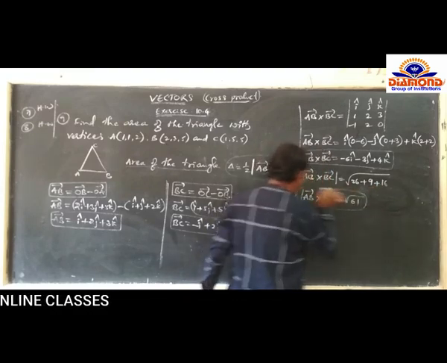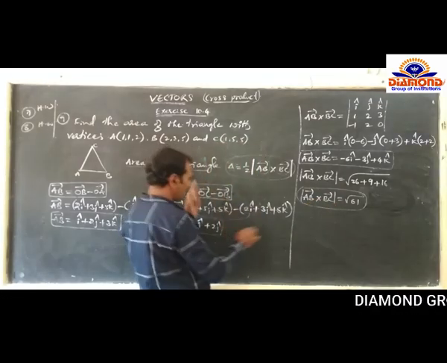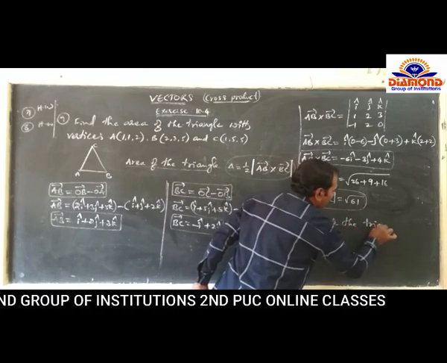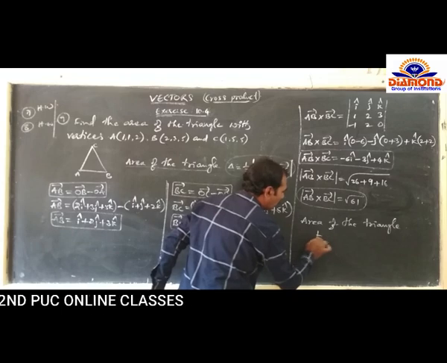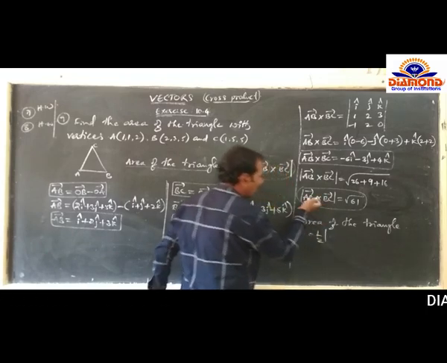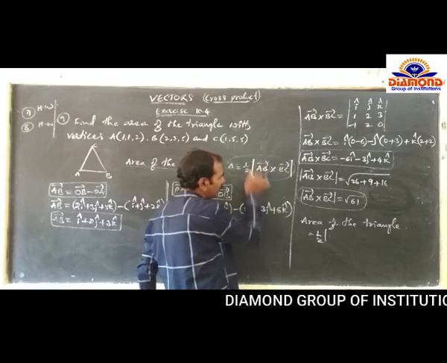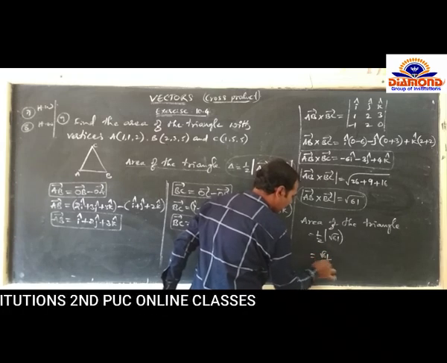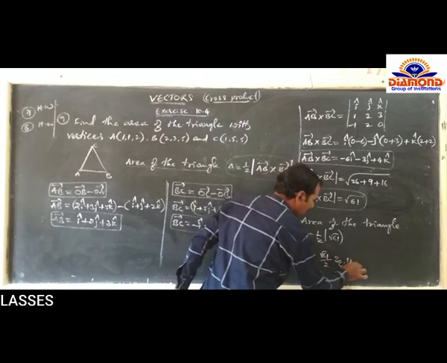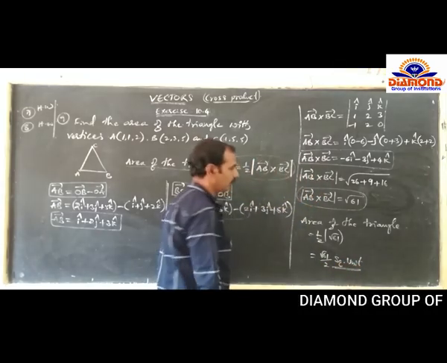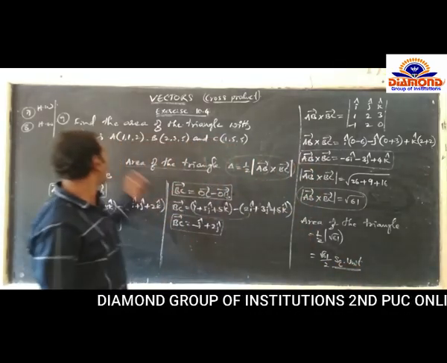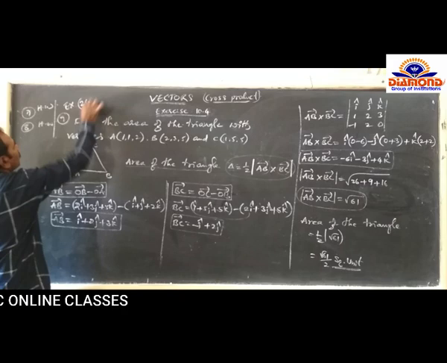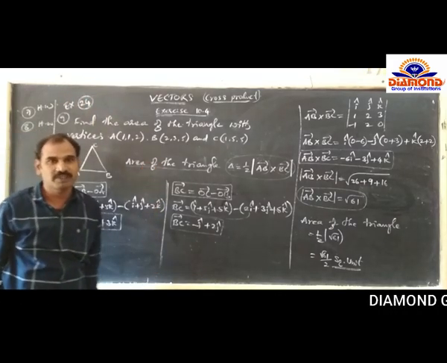So this is the magnitude. So the area of the triangle is half modulus of AB cross BC, and its value you know is root 61. So root 61 divided by 2 square units. Area is always in square units. This is problem number 9 and example problem number 24. These both are the same.